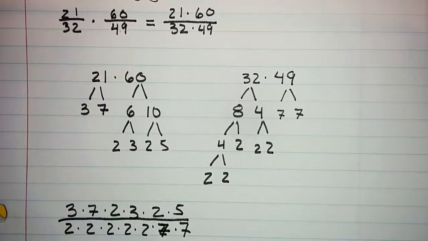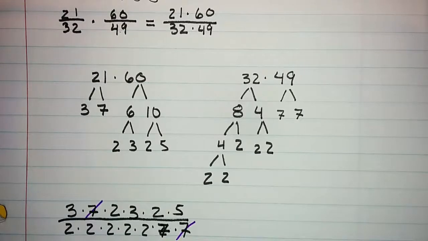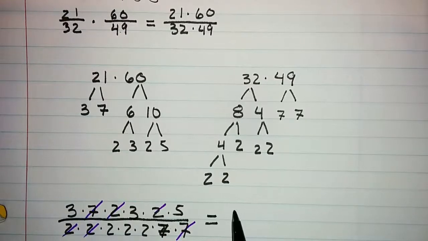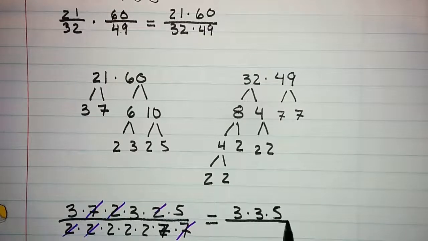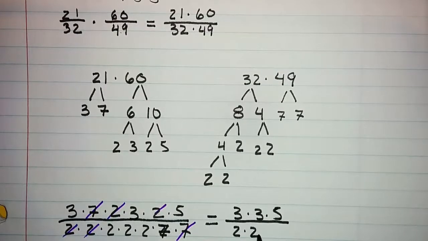And now I can cancel the common factors that I see. I see one pair of 7's, one pair of 2's, and another pair of 2's. I'll have 3 times 3 times 5 over 2 times 2 times 2 times 7.